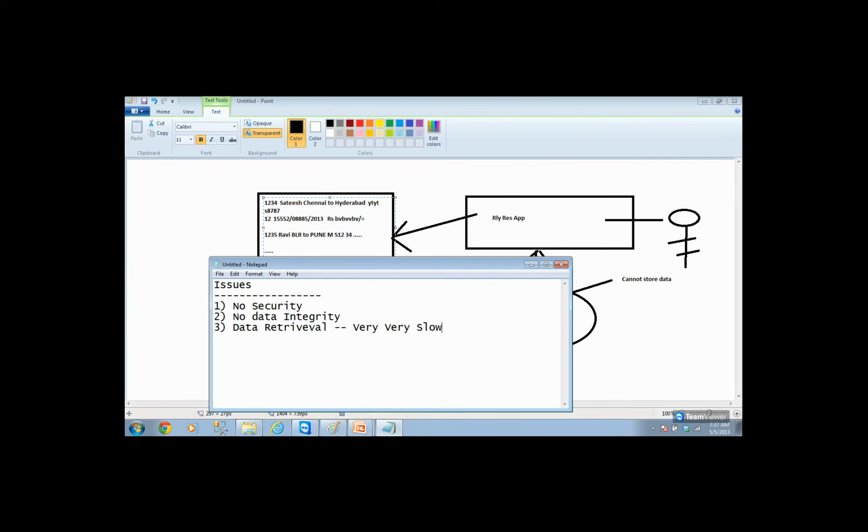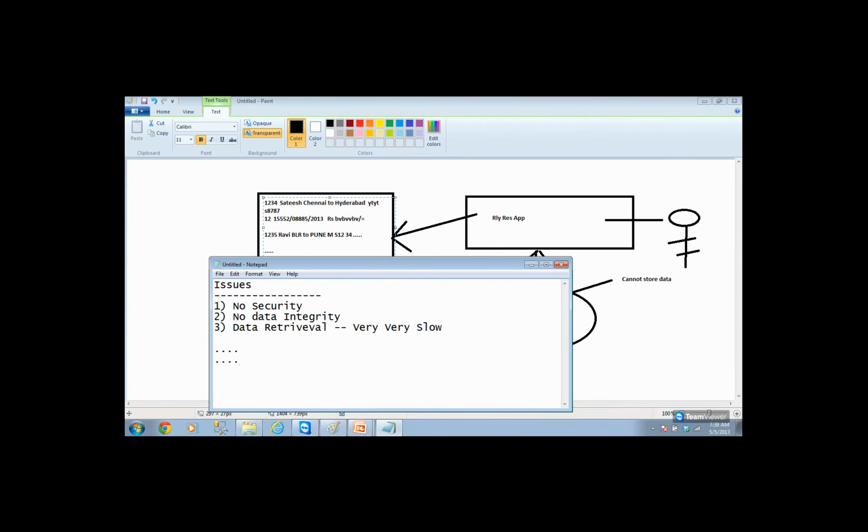It will be very very slow. There are many more issues, but I told you some 3 to 4 issues here. So they were able to store the data in a flat file, but the flat file is not the right choice for that.